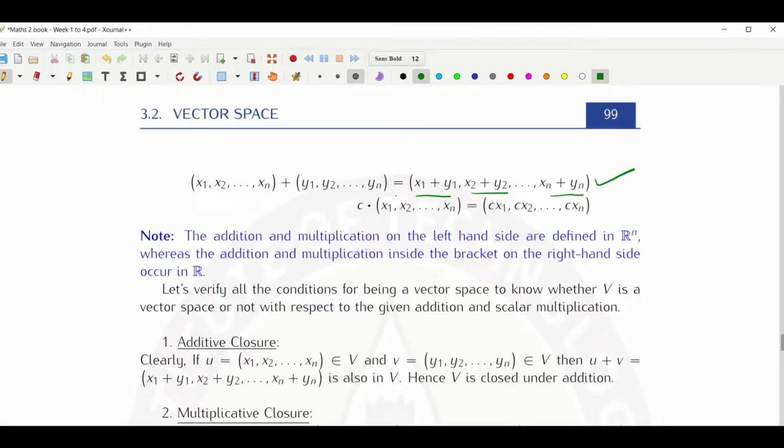And the scalar multiplication is c dot (x1, x2, ..., xn) is equal to (cx1, cx2, ..., cxn). These two properties should be met.